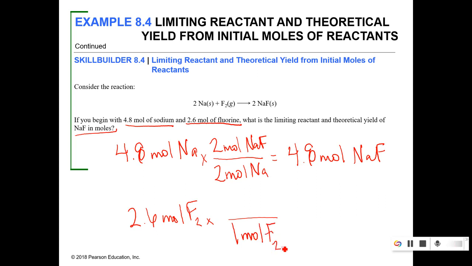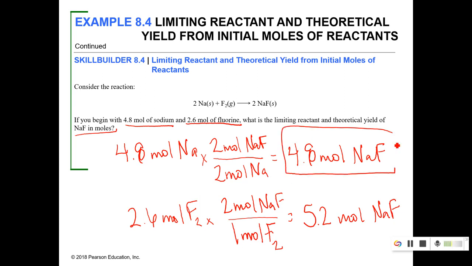That one's just 1 mole because there's no coefficient. And that one gives us 5.2 moles of sodium fluoride. So smaller answer is my theoretical yield. This Na is my limiting reactant.